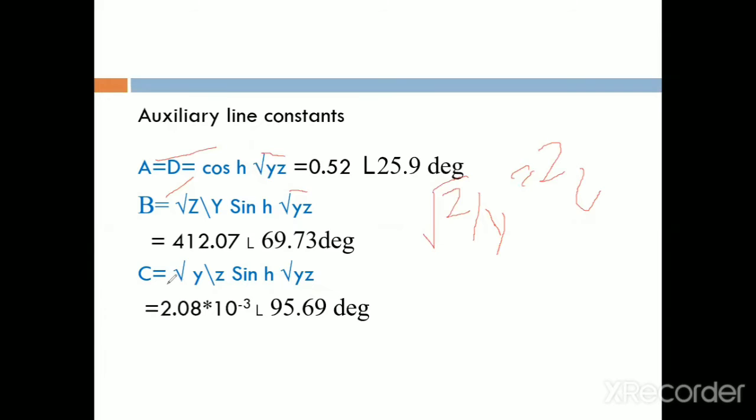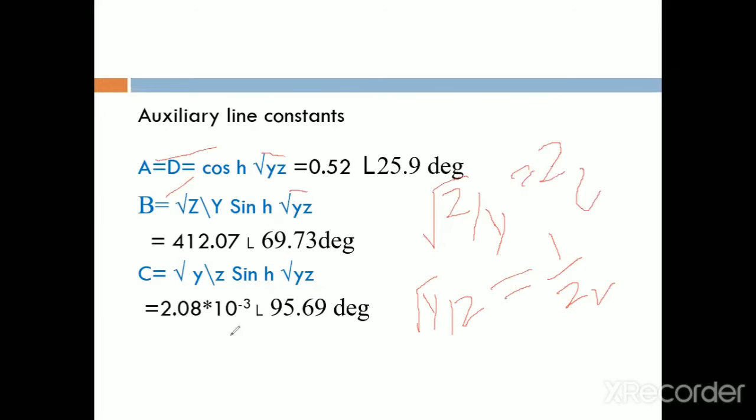Next, what is the formula for C? C is equal to root of y by z, and root of y by z is equal to 1 by Zc.